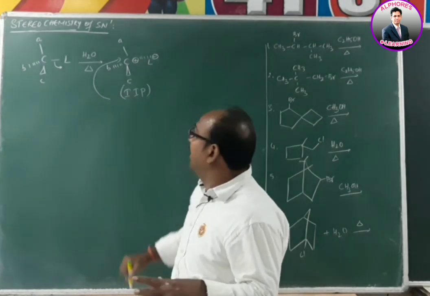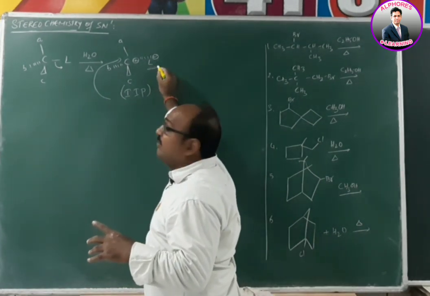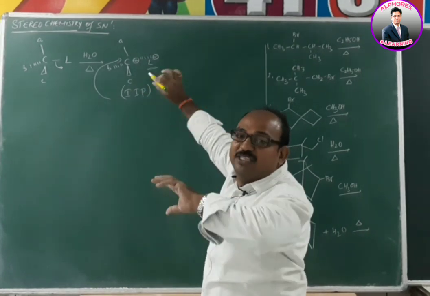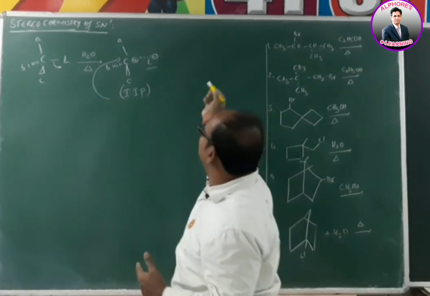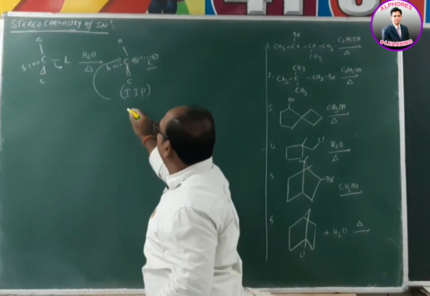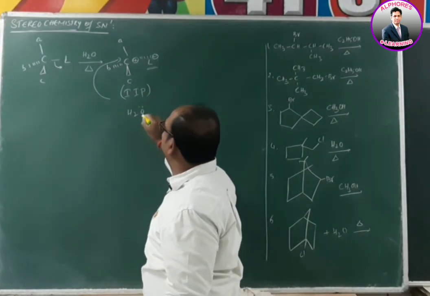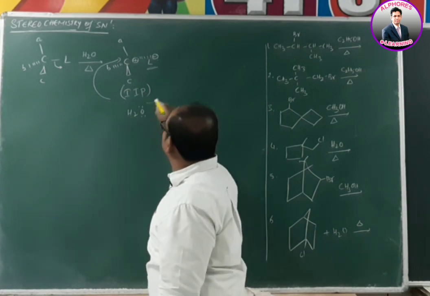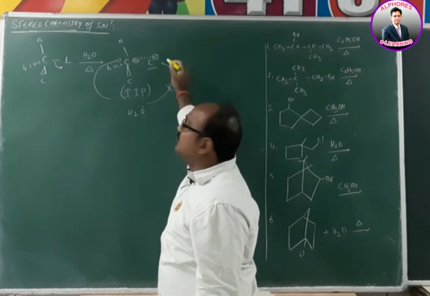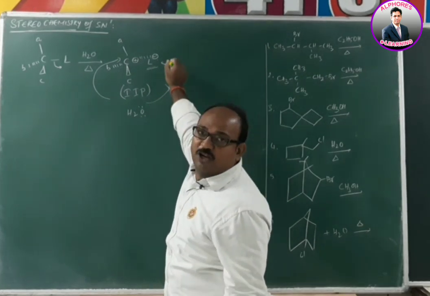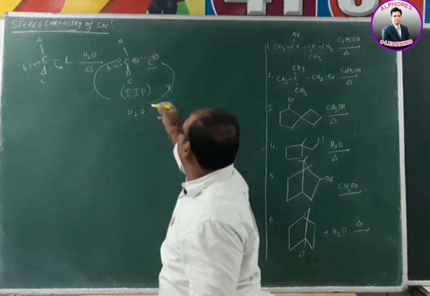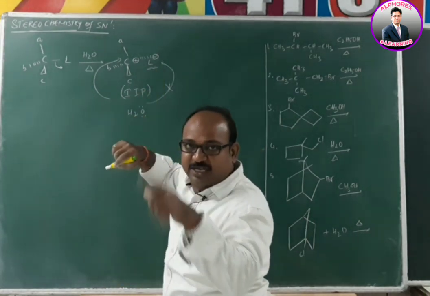The front side, the leaving group's departing side, is partially blocked, so the nucleophile cannot approach from that direction. A water or alcohol molecule is electron rich, and the leaving group is also electron rich. These two obviously repel each other, hence entry from the front is restricted.